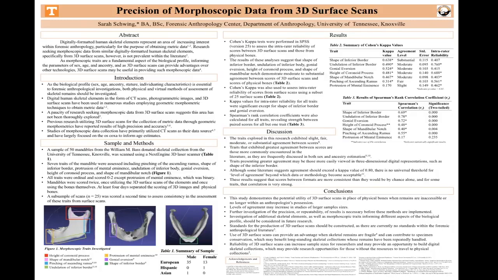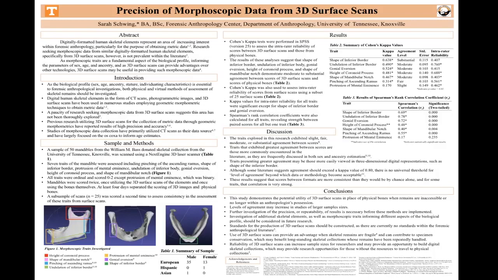So what I first did was score each of these 7 traits on these 3D surface scans, and then about a week later went back and scored this same sample of 50 mandibles in person, or I scored the dry bones, but assessed the same morphoscopic traits. Then I wanted to compare both sets of scores, those that I obtained from the dry bone and those from the virtual remains, to see how well my scores agreed with one another.